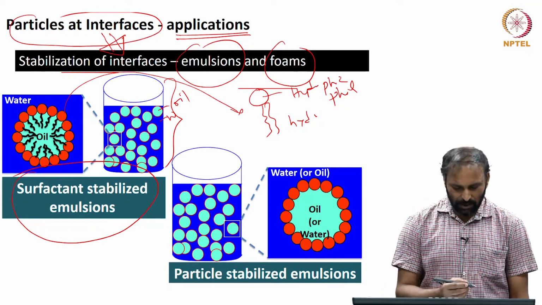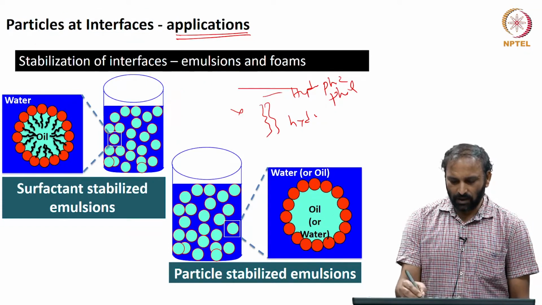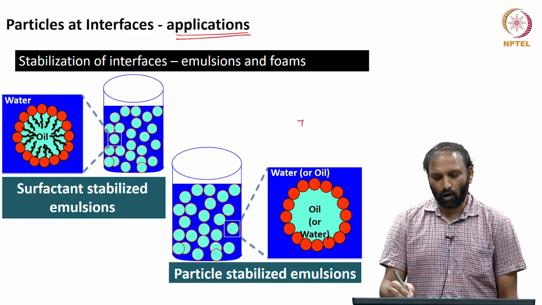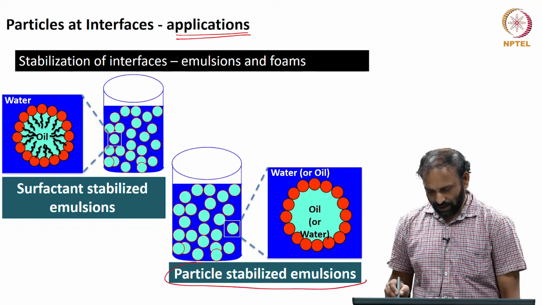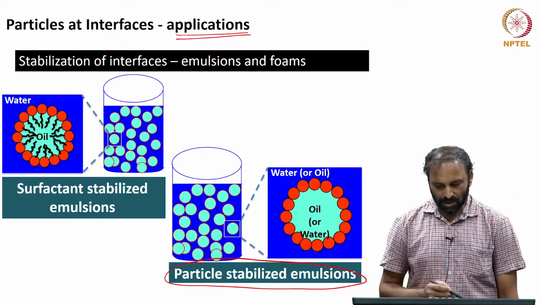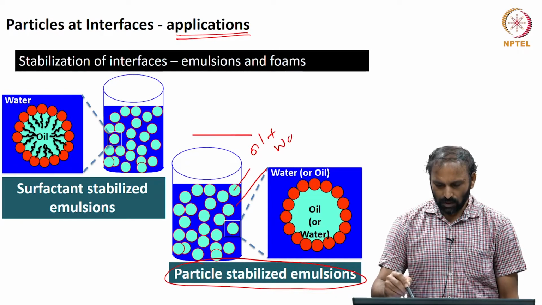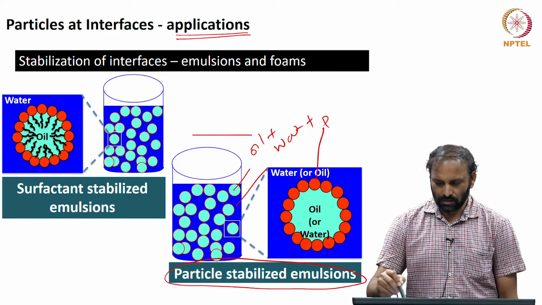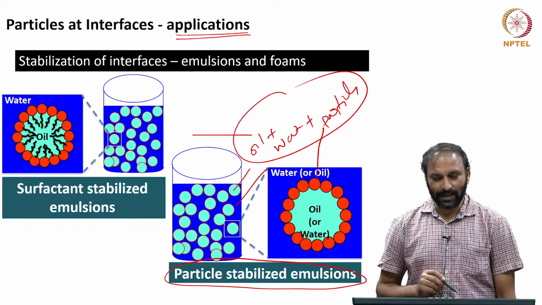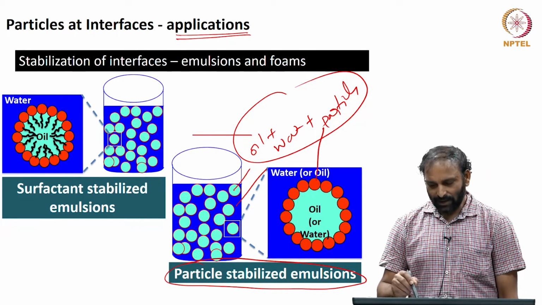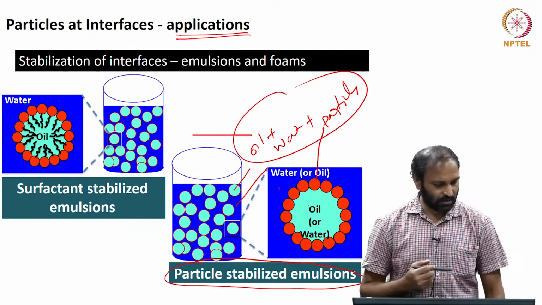In a similar way, there has also been a lot of interest in what are called particle stabilized emulsions. In such a case, the emulsions are prepared by taking an oil and water plus some particles, and these particles again have a tendency of going and adsorbing at the interface between the two immiscible liquids, and then they can act as stabilizers.